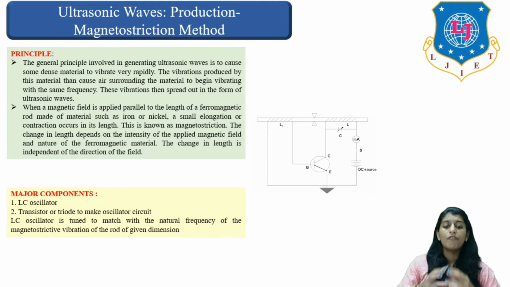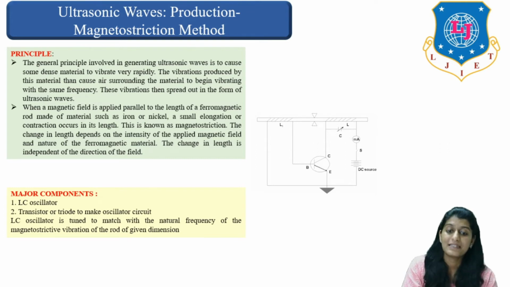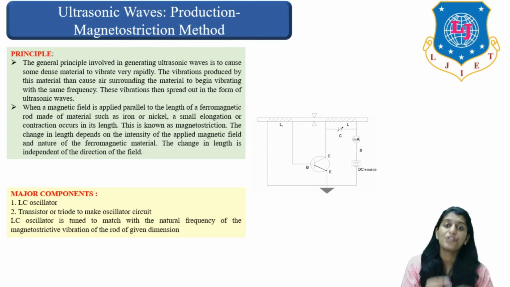So when a magnetic field is applied parallel to the length of a ferromagnetic rod, right? Means when we apply a magnetic field parallel to either an iron rod or a nickel rod, a small elongation or contraction will occur in its length. This change in dimension of the rod is termed as magnetostriction, right?